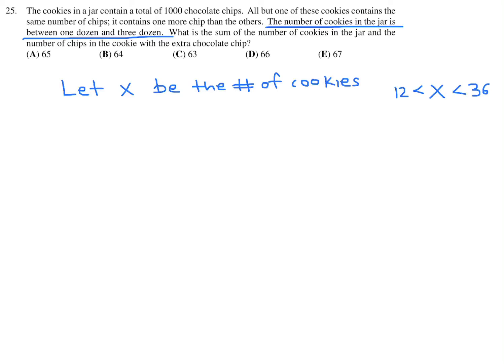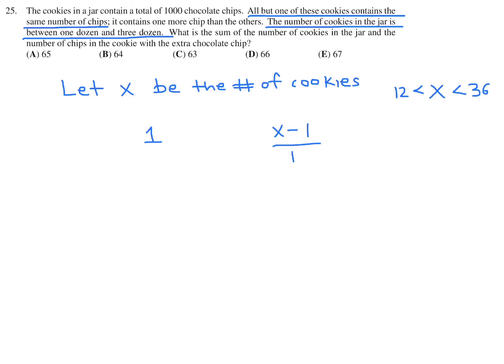There is a relationship. We have a whole bunch of cookies, and each of them has chocolate chips, right? But one of them is different. So we have one lone cookie, and then we have all the others, which will be x minus 1. These are all the other cookies.